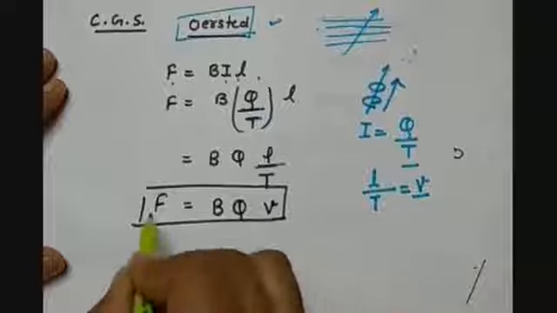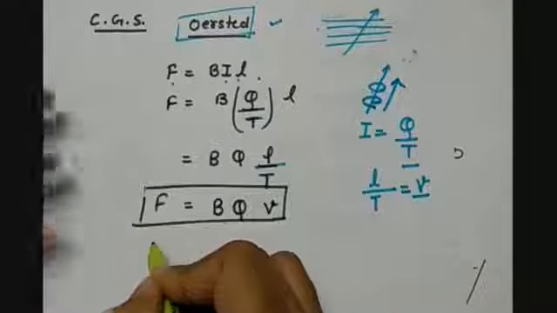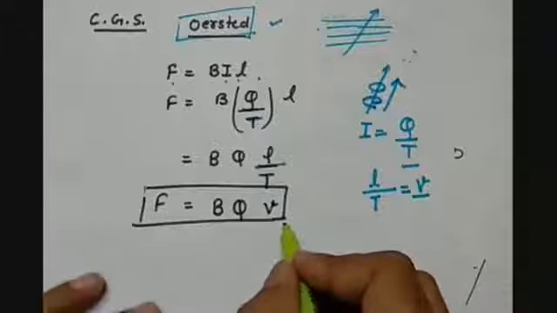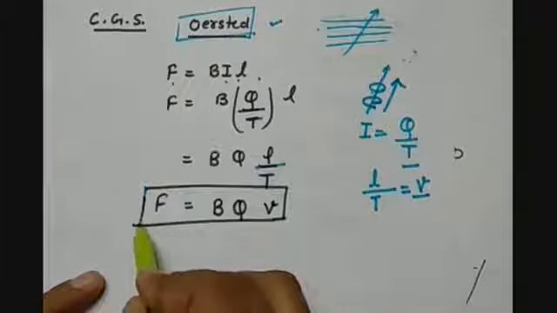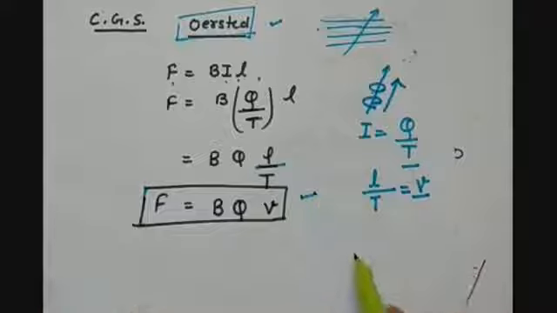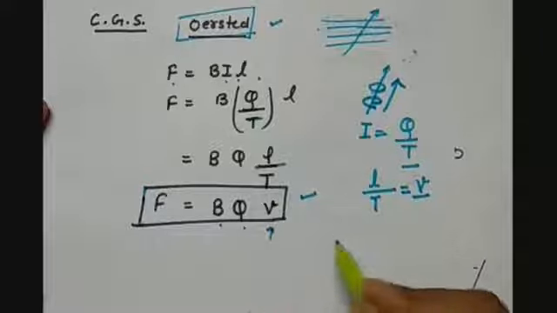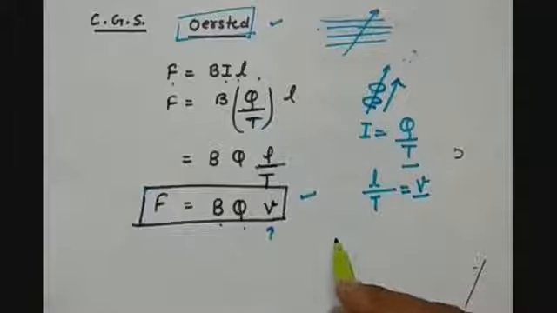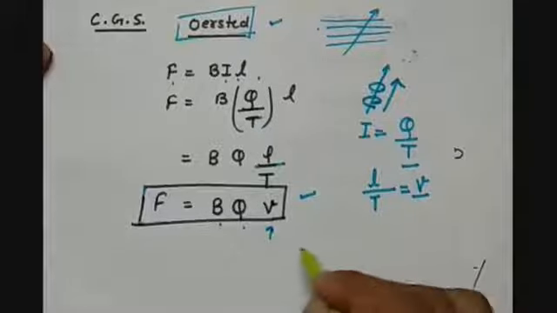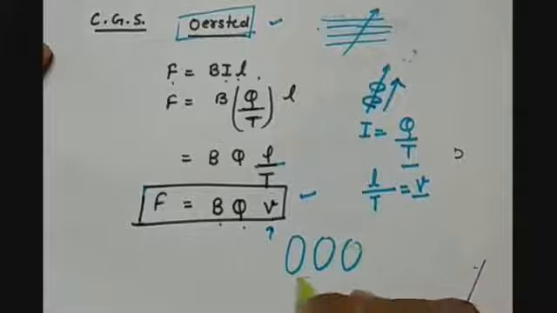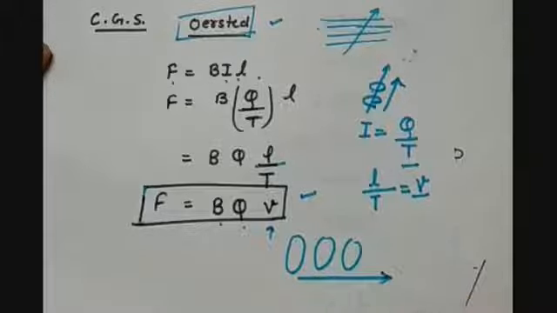So here we are relating the force produced with the velocity of the moving particle. So F is also equal to B Q V when we are talking about a moving charged particle, and the charged particle will always move in a circular motion at a constant speed.